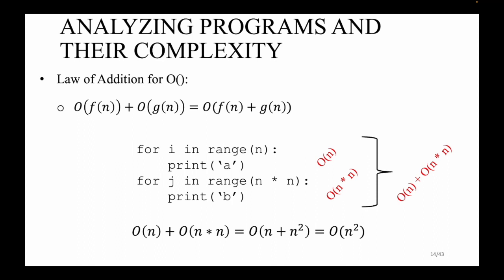So here you use the law of addition. This one is n operations, so you need n iterations. In here you need n squared iterations. Then you use the law of addition and you have this one. But like I said, n squared is extremely bigger than n when n goes to infinity, so we ignore it and just take this one.